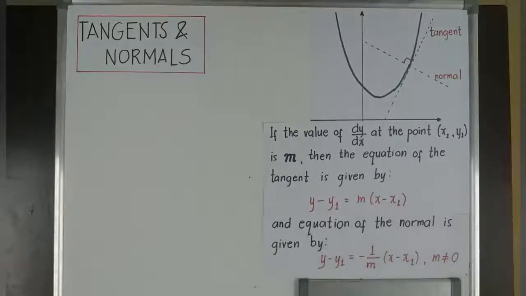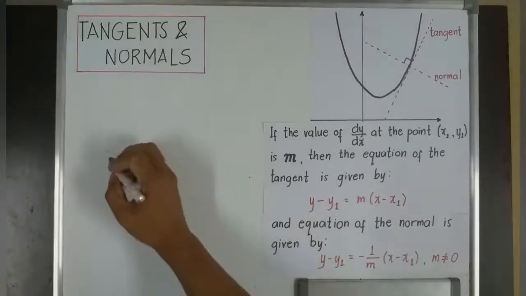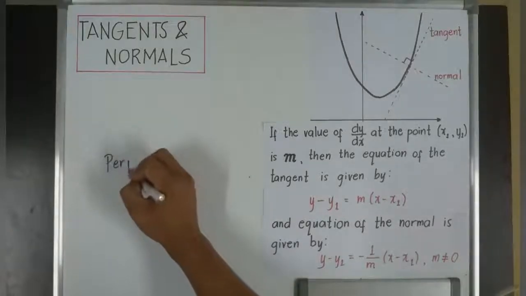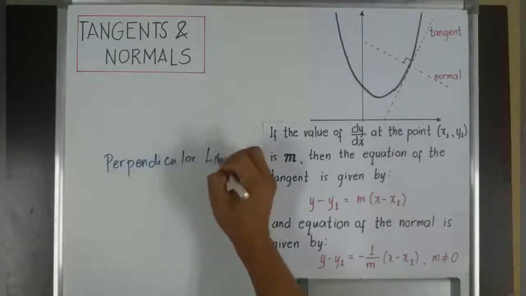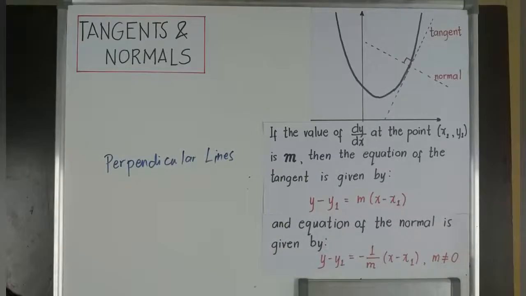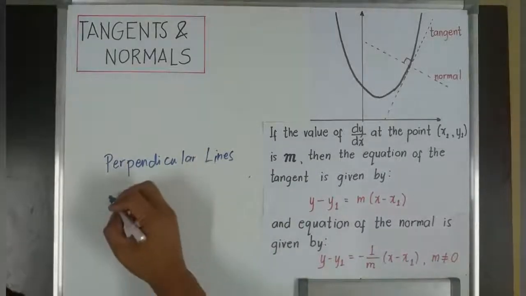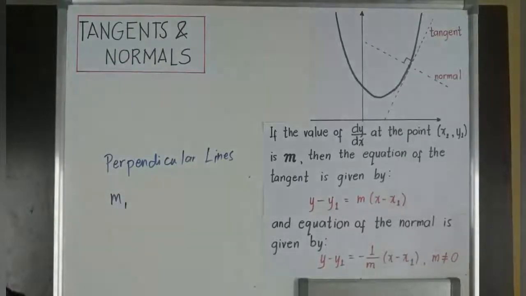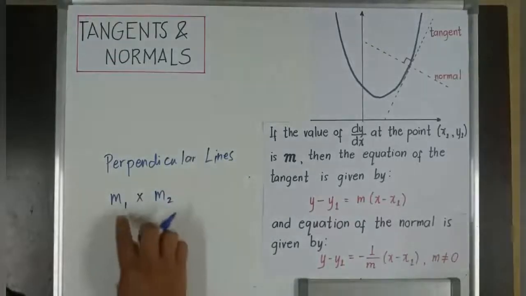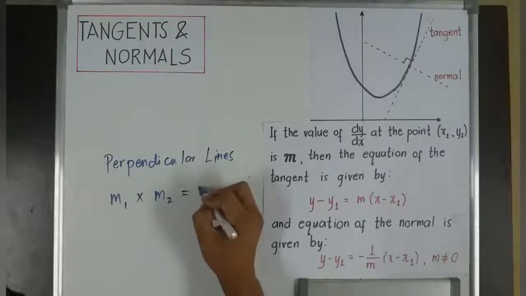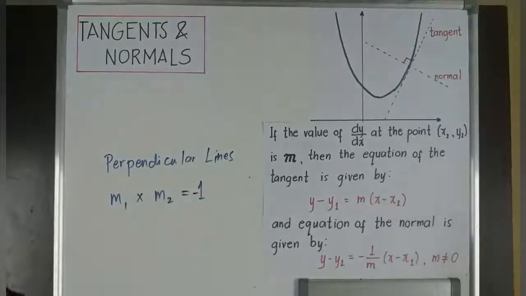Since it's perpendicular to the tangent, let's have a little bit of recall about perpendicular lines. One thing that you need to recall about perpendicular lines is that the gradient of the first line times the gradient of the second line is always equal to -1.